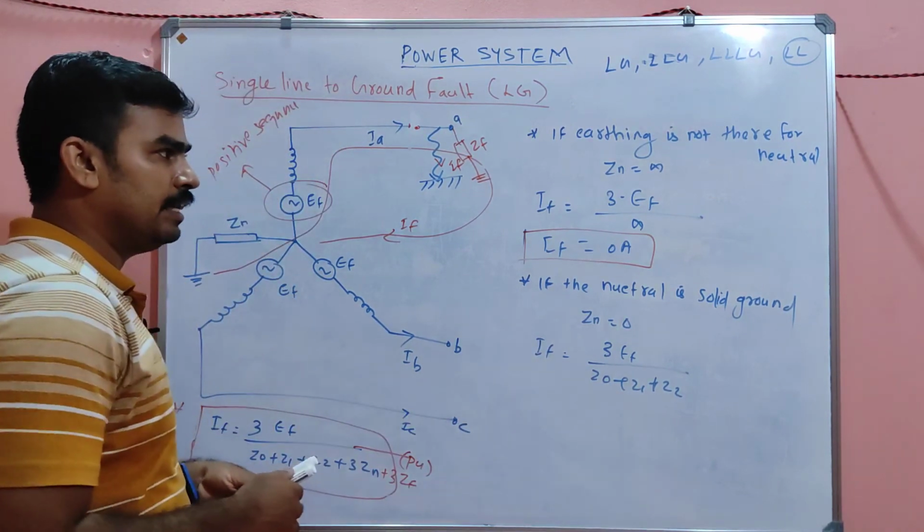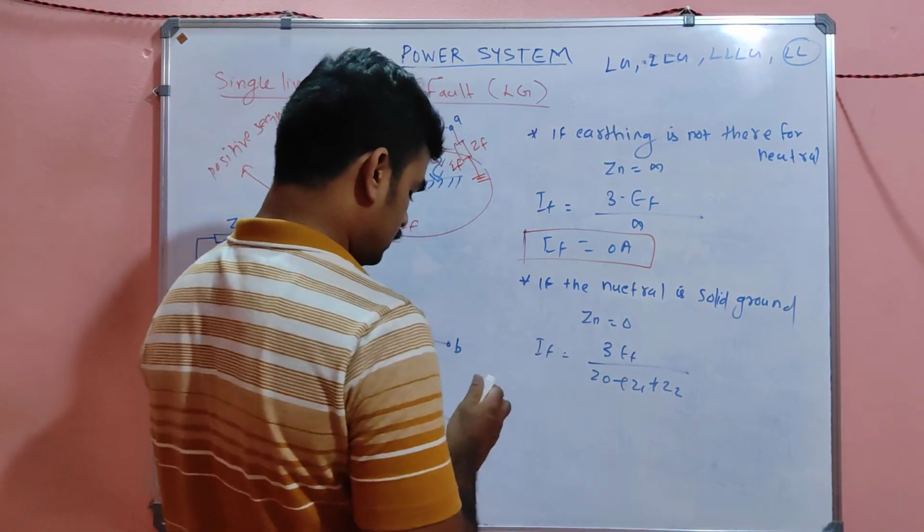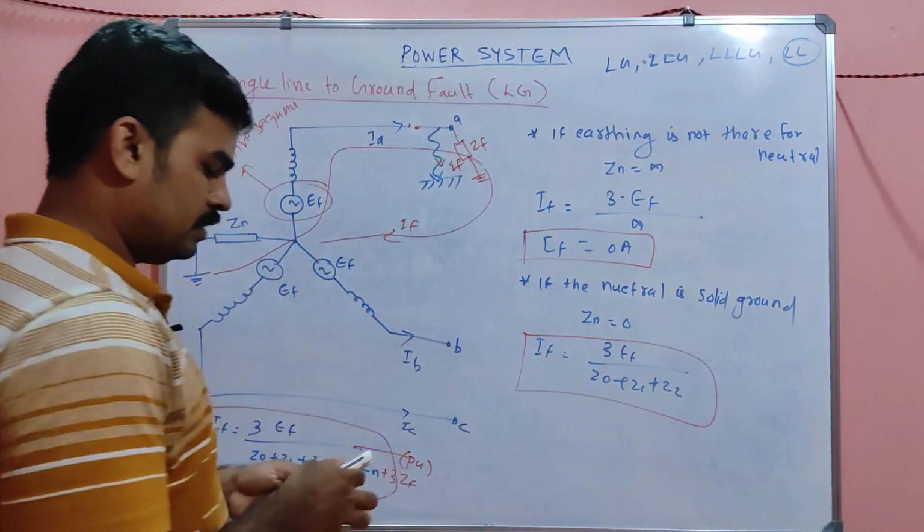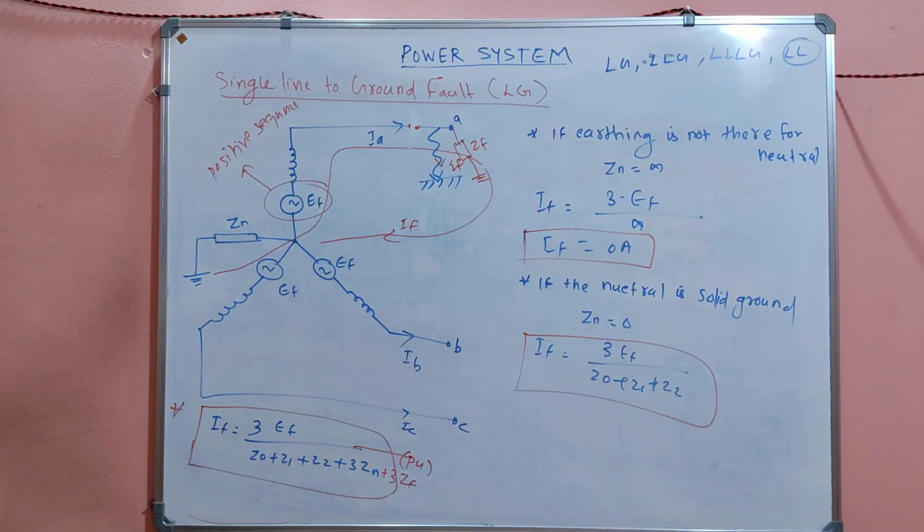Substitute this in the equation and you will get the answer. That's all. Is it clear, my dear? So that's all about the single line to ground fault.